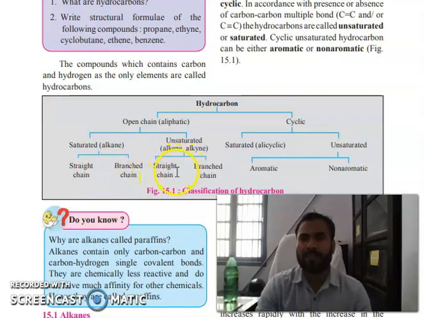And then unsaturated further straight chain and branch. Now cyclic system is further classified into saturated alicyclic and unsaturated. And unsaturated is further classified into two, aromatic and non-aromatic. So this is the pictorial diagram of classification of hydrocarbons.